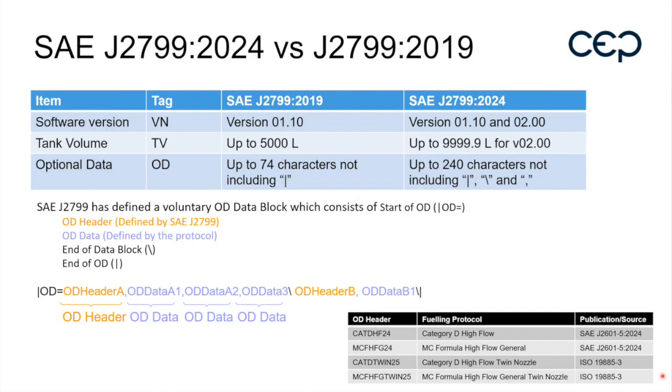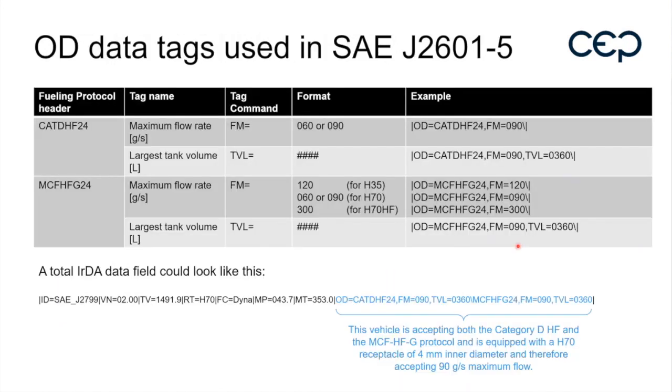What are the data tags? I will explain in the next slides. Here you can see, for category D and MCF, what the possible tags are. One of the tags is FM, maximum flow.